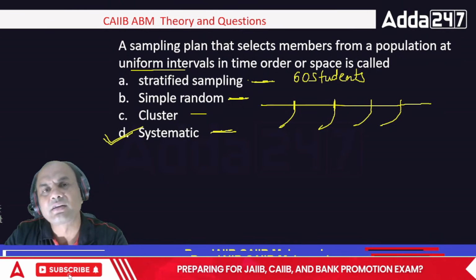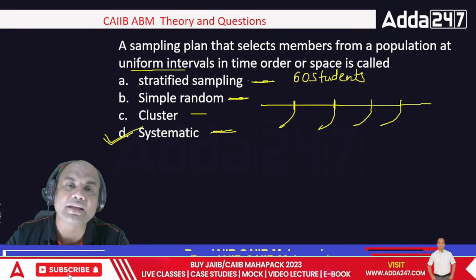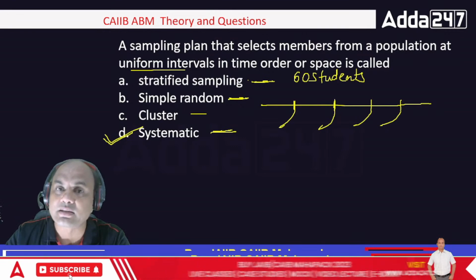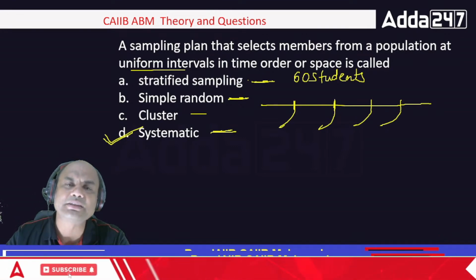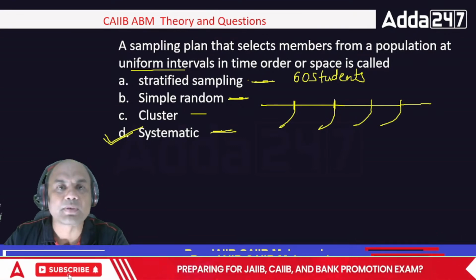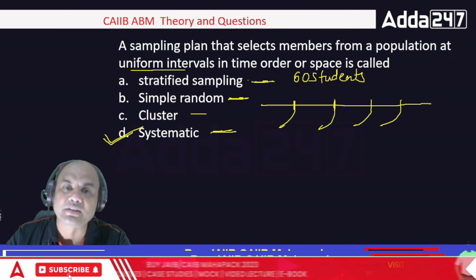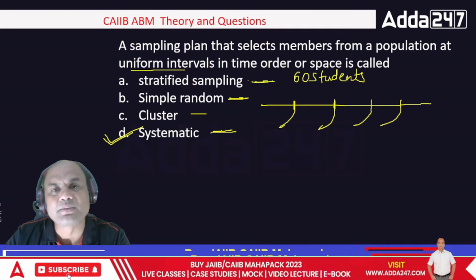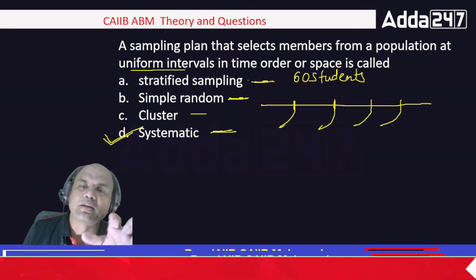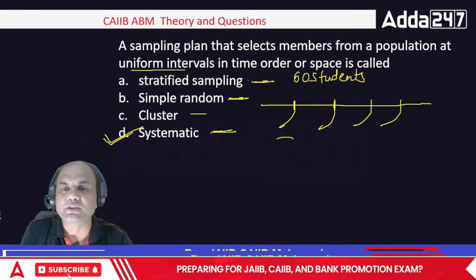What is cluster? Cluster means I arrange them as per the region, area. I'll arrange them from Maharashtra, from Goa, from Tamil Nadu, from Punjab. That is cluster. What is simple random? Simple random is nothing doing. I'm having all the 60 students over here.